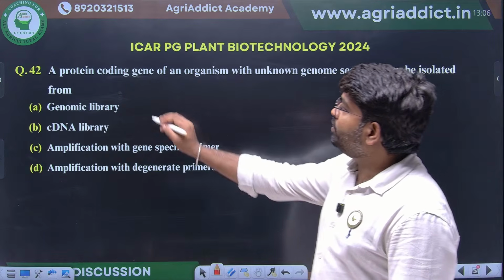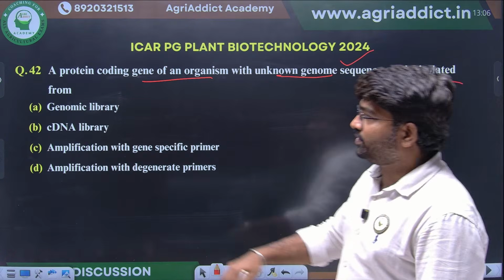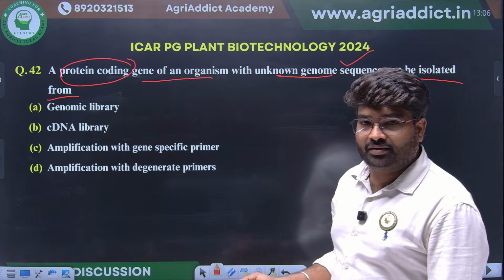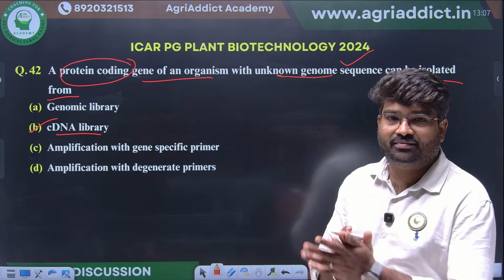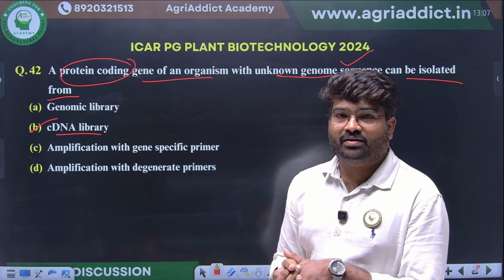A protein coding gene of an organism with unknown genome sequence can be isolated from which? The question itself has the hint: protein coding gene means cDNA library. From a cDNA library we can easily isolate it from an unknown sequence.